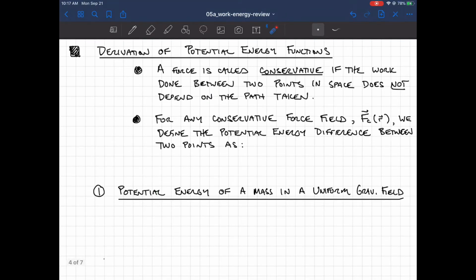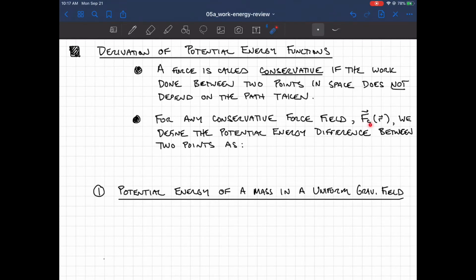Let's derive the potential energy. So first we should talk about what we mean by potential energy. We talk about a force being conservative if the work done between 2 points in space does not depend on the path taken. And if you have a conservative force, then you can define this thing called the potential energy.